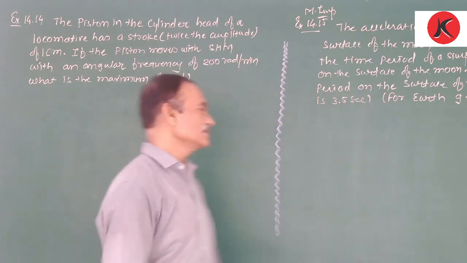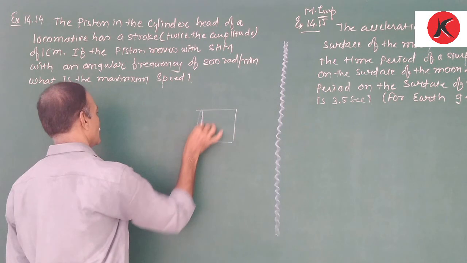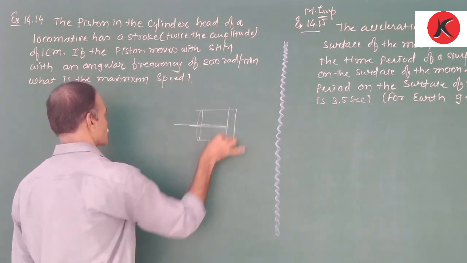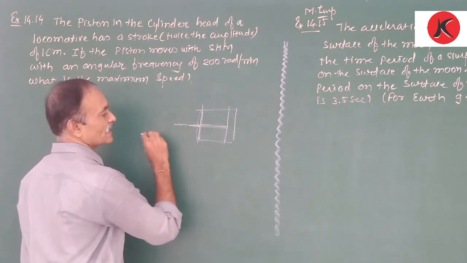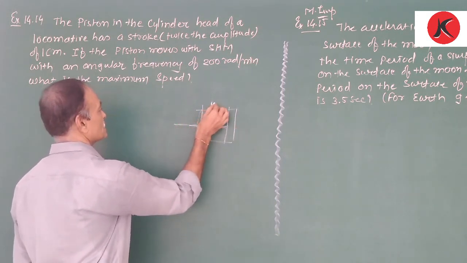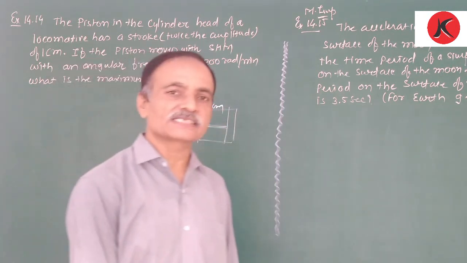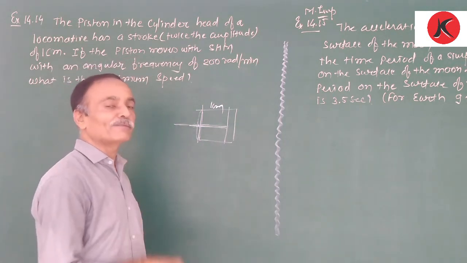Stroke means, in the piston cylinder arrangement, the piston moves up and down, up and down. The maximum displacement from the initial position in this direction is 1 centimeter, as given. But our definition of amplitude is the maximum displacement on either side of the mean position.